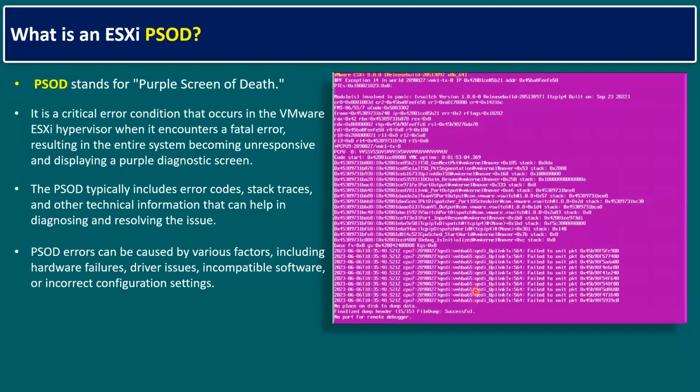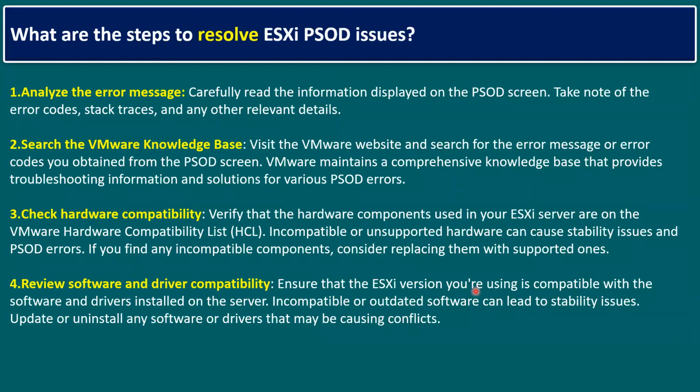In another scenario, you may face an error related to the CPU or any other hardware peripheral device. Analyze the error message: carefully read the information displayed on the PSOD screen. Take note of error codes like 0x4200, stack traces, and any other relevant details. That is our first step.